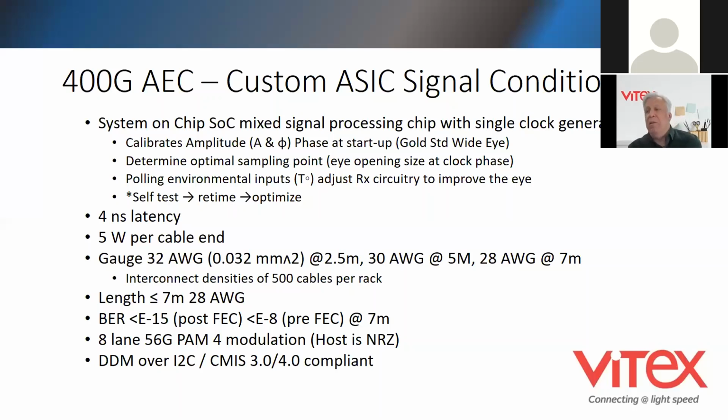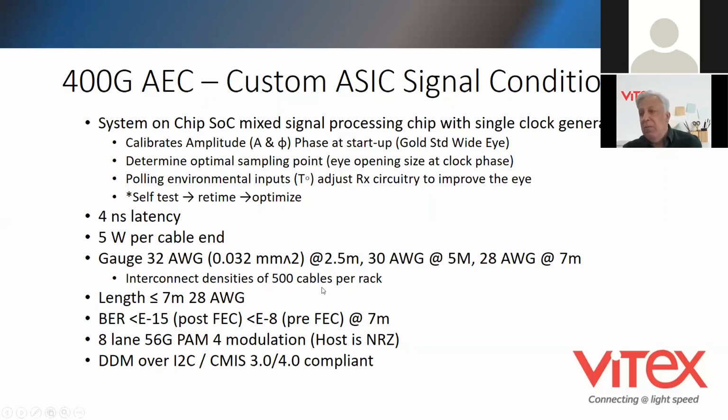Now, if you want to go a little bit longer and you want to go 5 meters, you can see that the gauge is going to go down, thickness goes up to 30. And if you want to go a full 7 meters or 21 feet, you're going to wind up being the same as a very short reach for a DAC. You're going to wind up at 28 AWG.